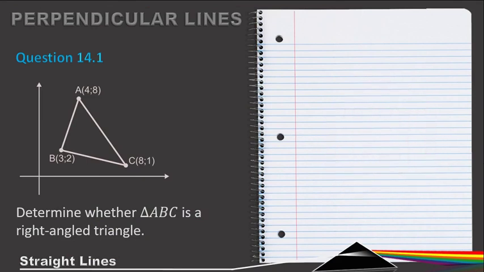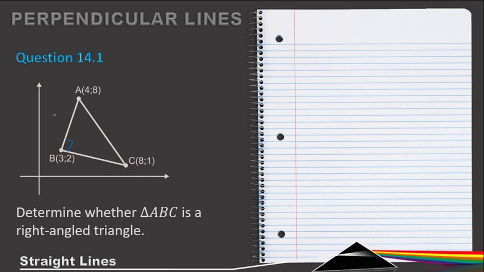Now for question 14.1, determine whether triangle ABC is a right angle triangle. So this then is what we need to test, whether AB is perpendicular to BC.